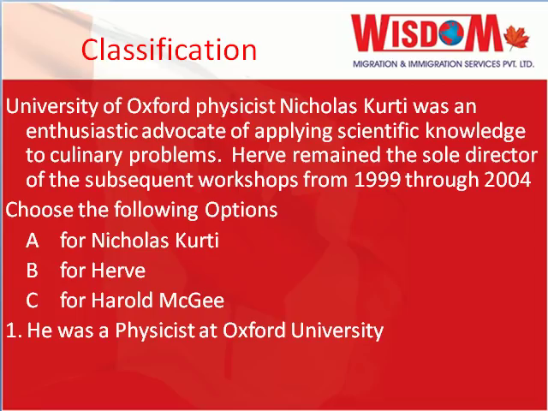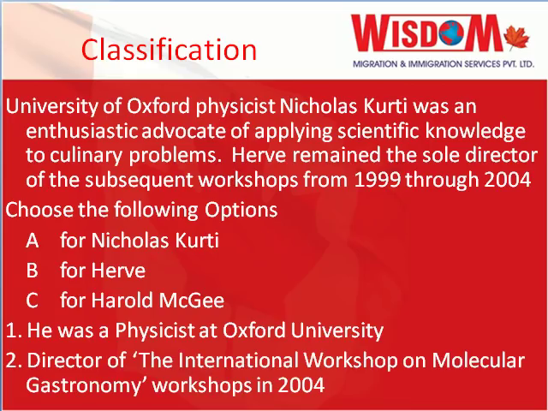It's clearly mentioned University of Oxford physicist, Nicholas Curti. So your answer to question 1 will be A. Second statement, Director of the International Workshop on Molecular Gastronomy, workshops in 2004. It is clearly mentioned. Herve remained the sole director of the subsequent workshops from 1999 through 2004.